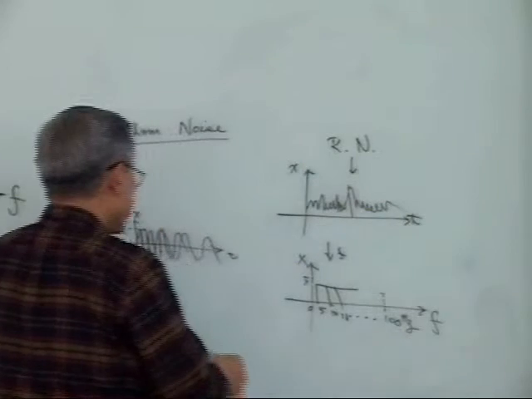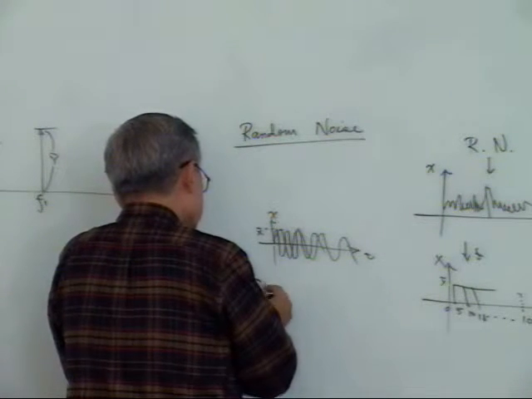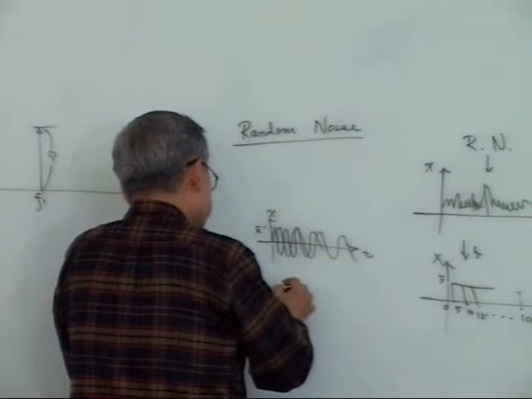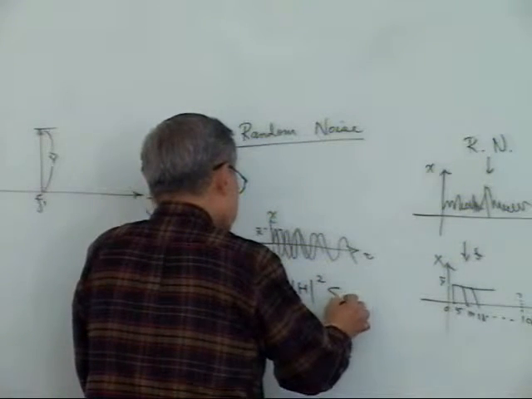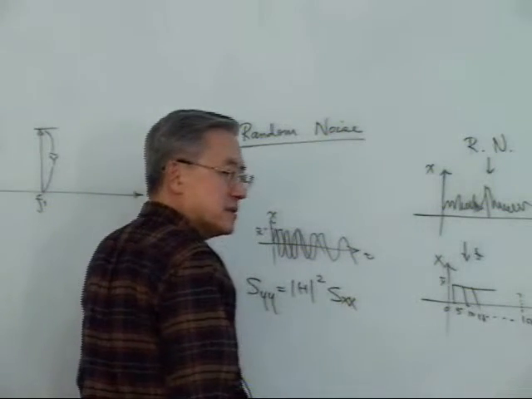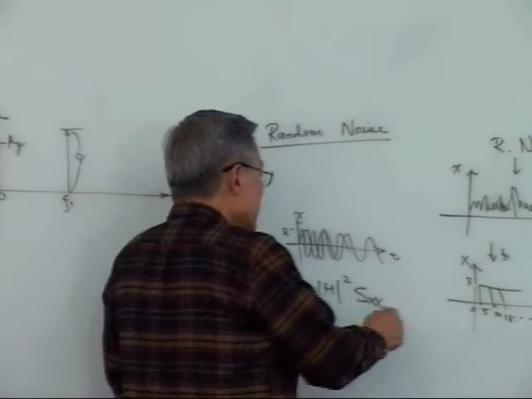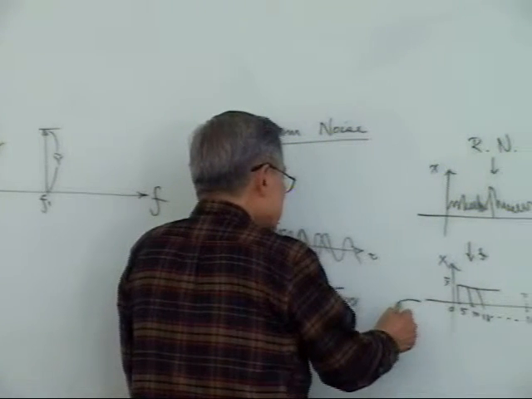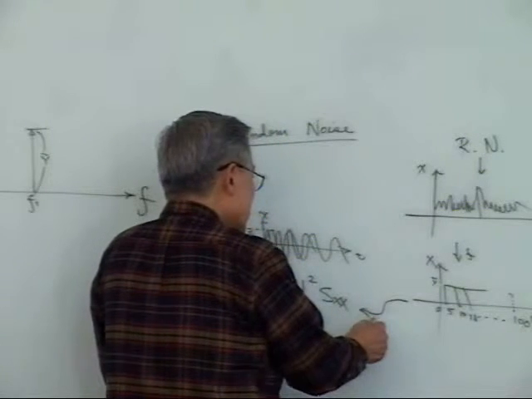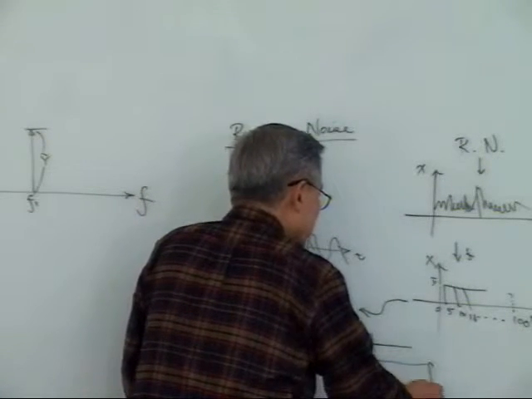In the experiment, we know that Syy is equal to H squared Sxx. And if this guy is random noise, you apply such a step function. This is f.